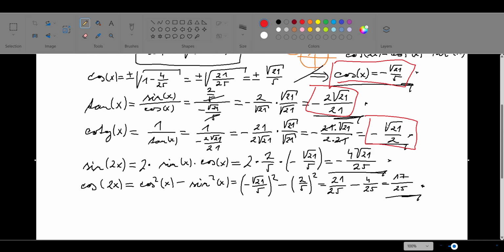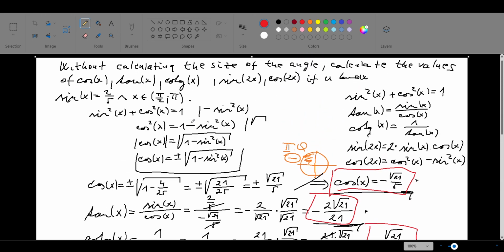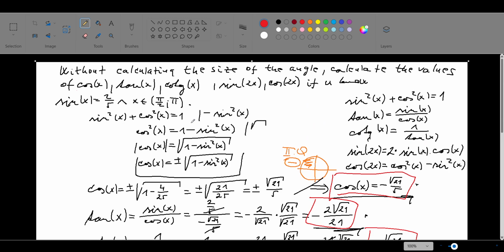Cotangent is equal to negative square root of 21 over 2, and the value of sine 2x is equal to this number, and the cosine of 2x is equal to this number. This task is quite simple, and I think we are done here.